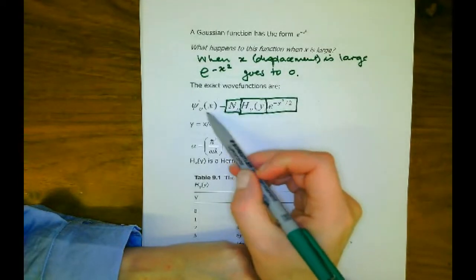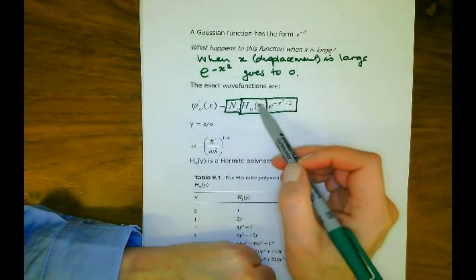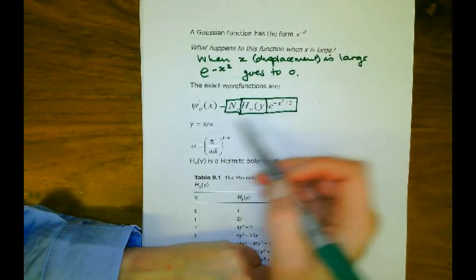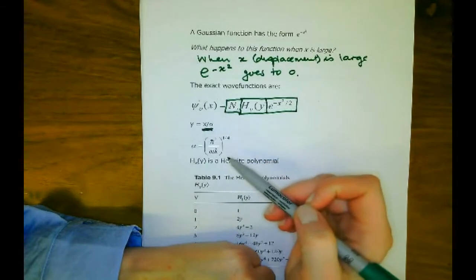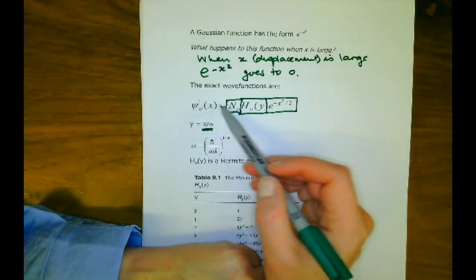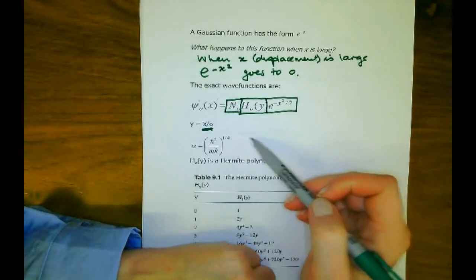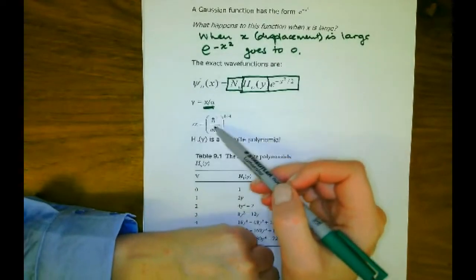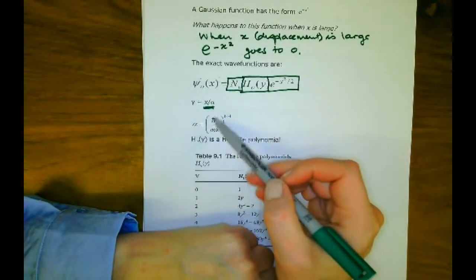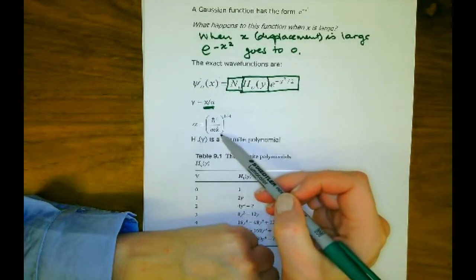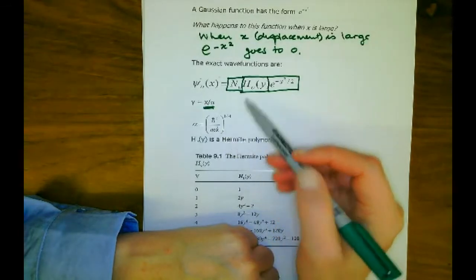You'll notice that even though this is a function of x, we have the symbol y in the expression. And y is just a function of x. So if you substitute y with x, you have a function that only contains x. And in this expression of y, you see the symbol alpha, and alpha is related to h bar, the mass of the oscillator, as well as the force constant k of the oscillator.